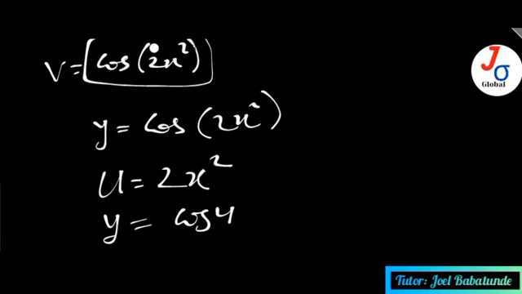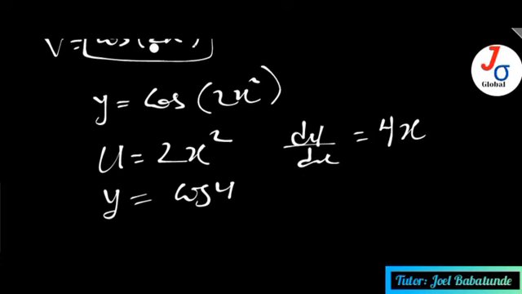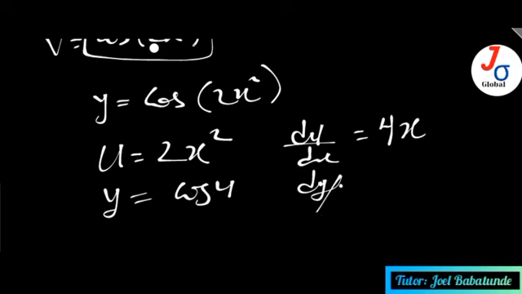Okay, so du dx becomes 2 times 2, you have 4x. 2 minus 1 is 1, and so you don't have to write the 1. And what's my dy du? If you differentiate cos, what you should get is minus sine, so you have minus sine u.